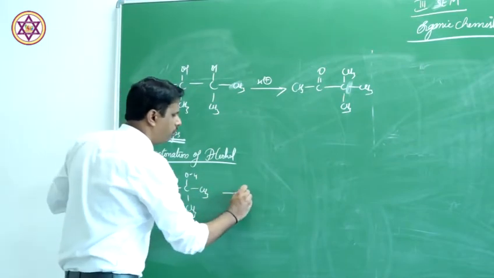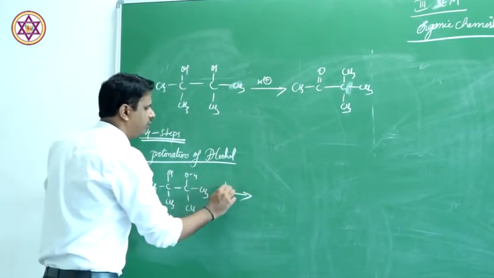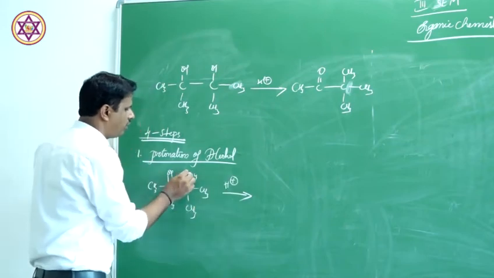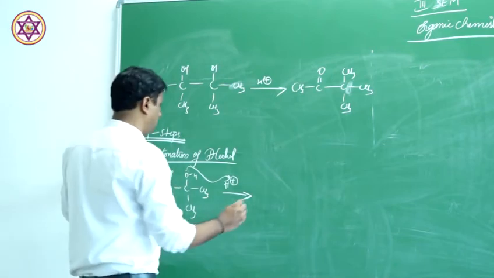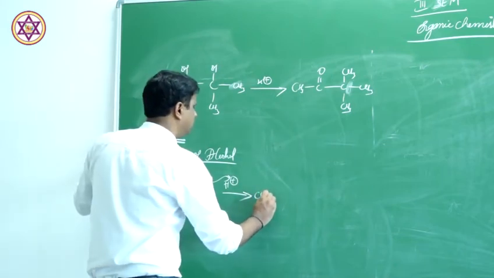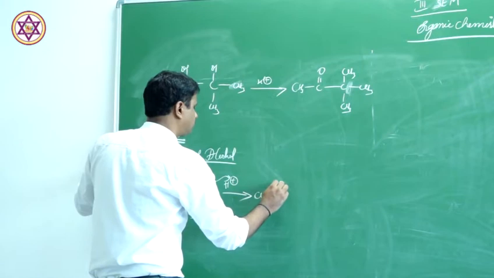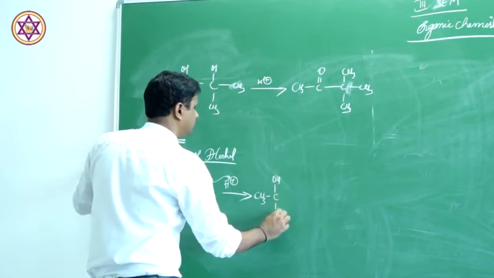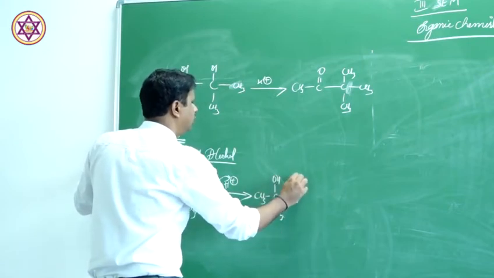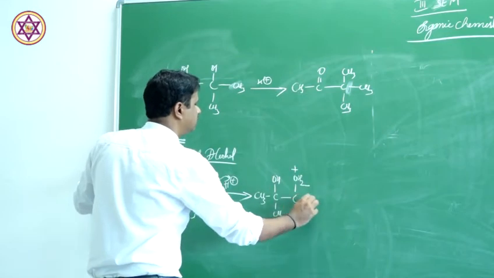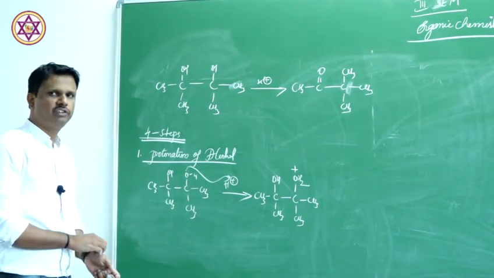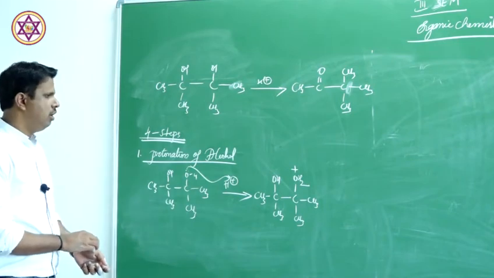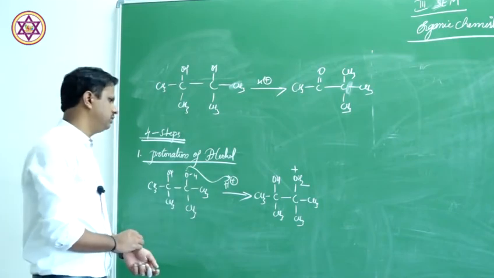What happens when you provide H+? One of the hydroxyl groups takes up this proton and gets protonated. It becomes CH3, C, OH, CH3, C with OH2+, CH3, CH3. This is the first step. Now, in the second step, what happens?